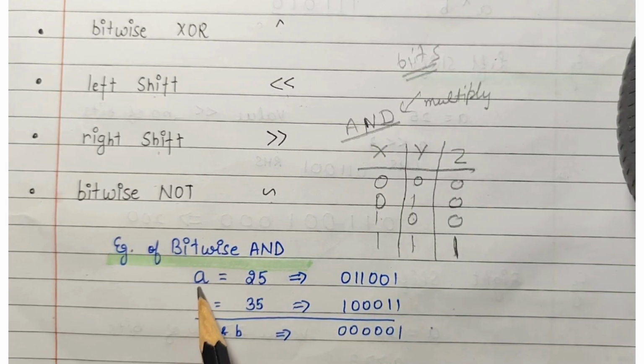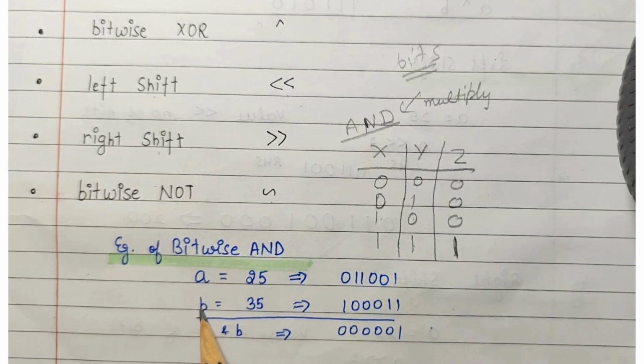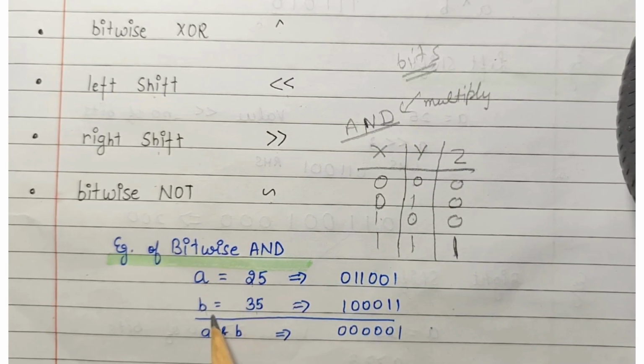Clear? So suppose we have two variables A and B. A has a value 25, B has a value 35. I hope all of you know how to convert a decimal number into binary representation. First I convert 25 into binary: 011001.